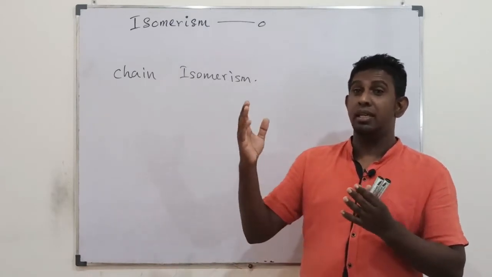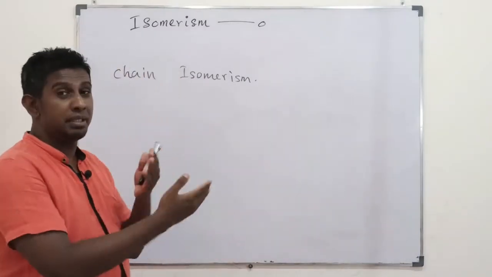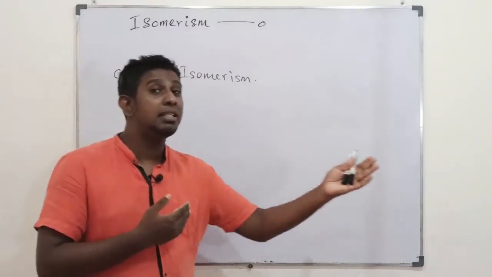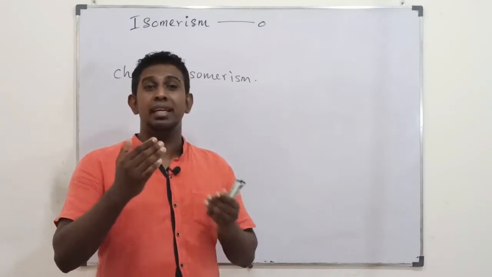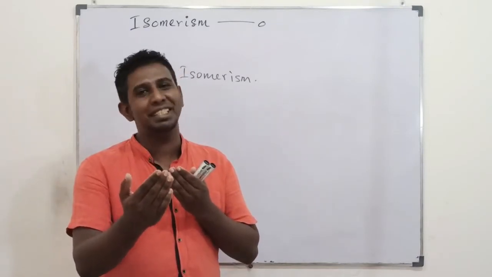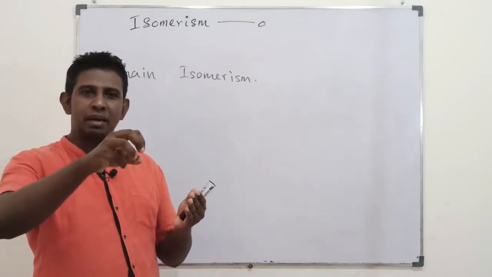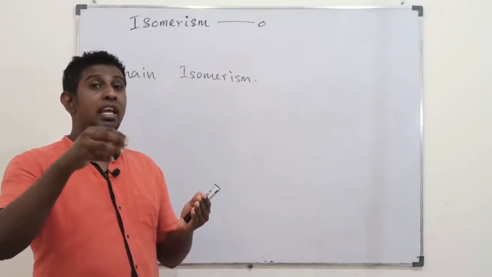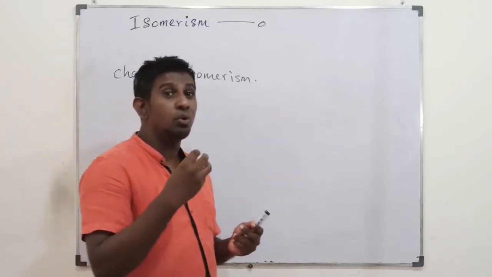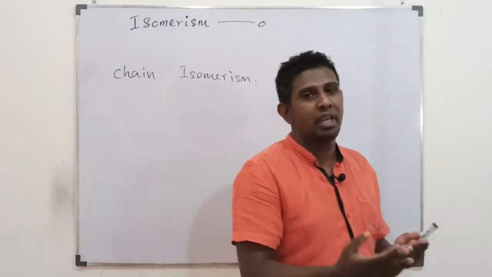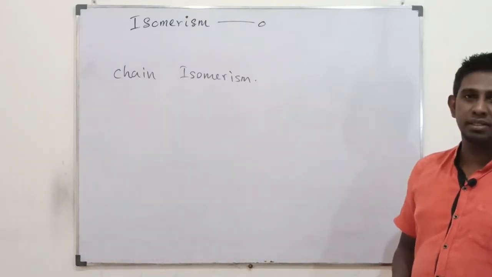When you consider an organic compound, there is a carbon chain representing the main chain, the mother chain. If you change the length of this main carbon chain, removing some carbon from some positions and fixing it at other positions on other carbons, you would get this type of isomers.